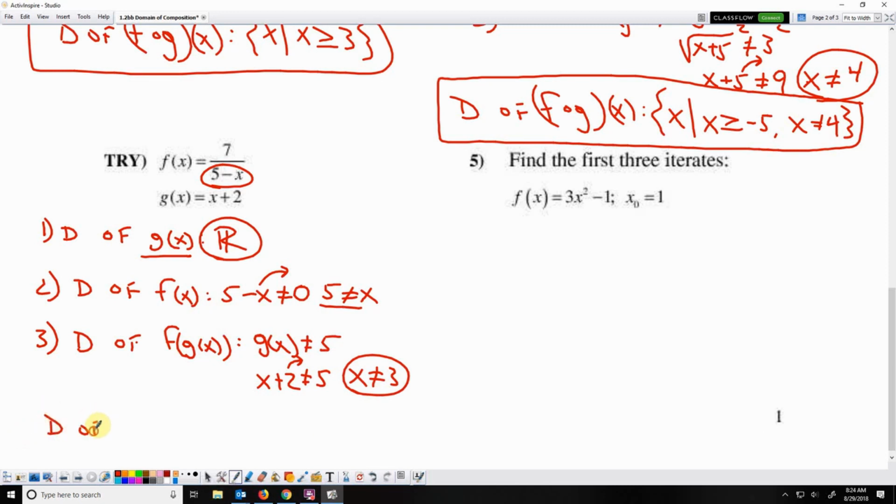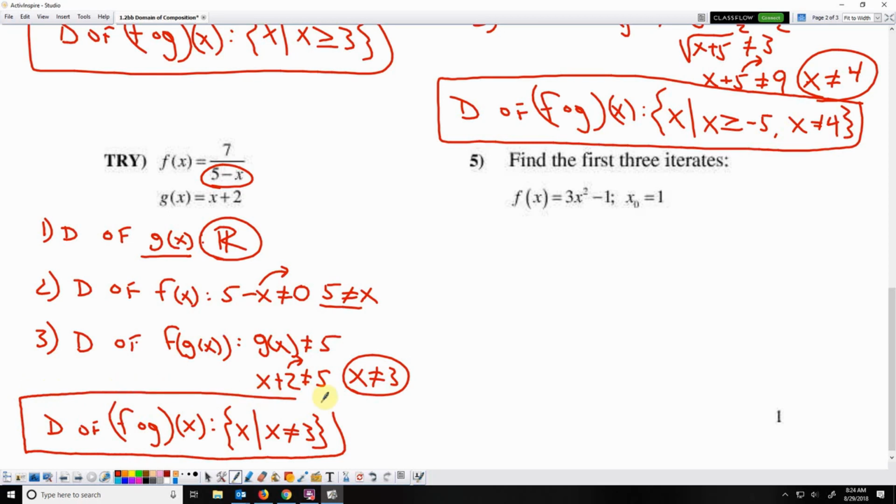So the domain of f of g of x is the set of all x such that x cannot equal 3. So that is one way to find the domain of a composition of functions. In our next lesson, we'll practice this way again, but we'll also see another way.